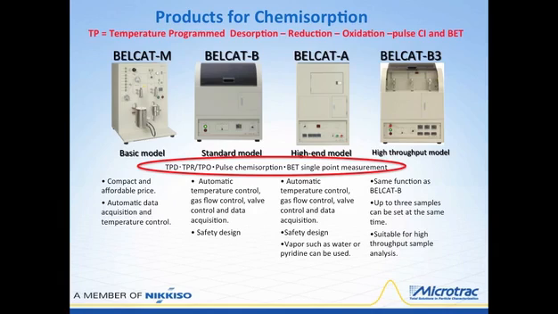Starting with TP, we have temperature programming. We can monitor the desorption, reduction reactions, oxidation reactions, and then on top of that we have the pulse chemisorption, and as well a BET measurement. There's a basic model that is compact and it's very affordable, automatic data acquisition and temperature control.